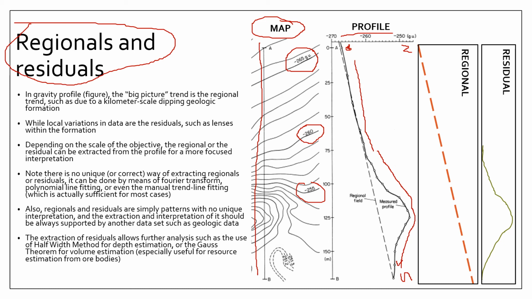So, for example, you have a geologic map, and you know that this area consists of a sandstone formation. Okay, so let's say it's a sandstone formation.